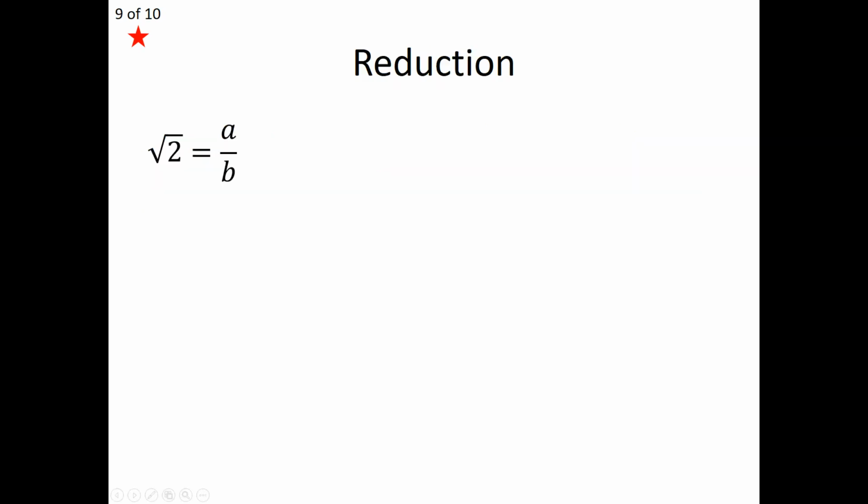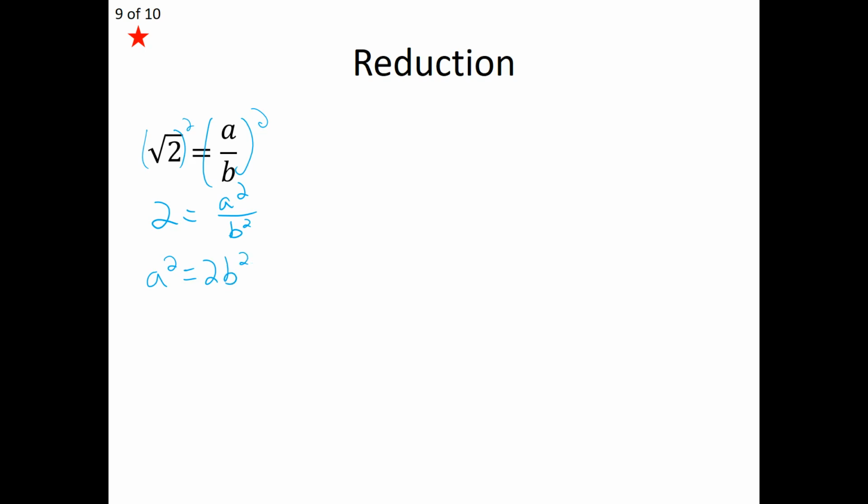So here we have the square root of 2 is equal to a over b. We square both sides first and see where that takes us. We get 2 is equal to a squared over b squared. Solving for a squared, we multiply both sides by b squared, and I'm going to flip the equation around, so I have a squared is equal to 2 times b squared.